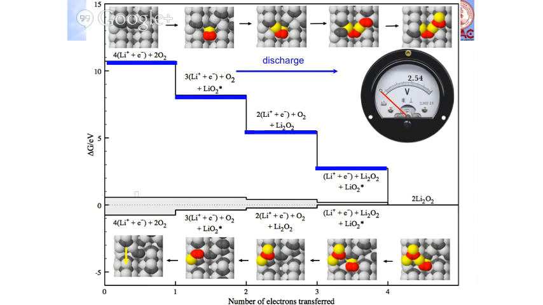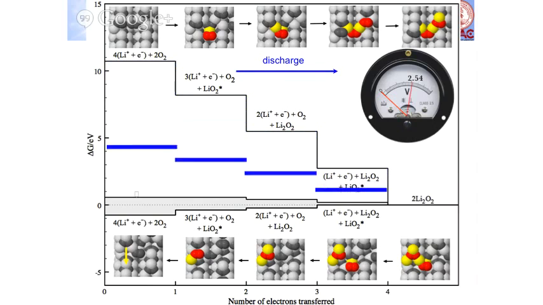So the number of electrons here is 2, the number of electrons here is 3, number of electrons here is 4. And when you change the electrode potential, to a first order, all you change is the free energy of the electrons. When you change the potential by a factor U, then you change the free energy of the electron by minus eU. So when you change the potential, you shift the free energy of these different states.